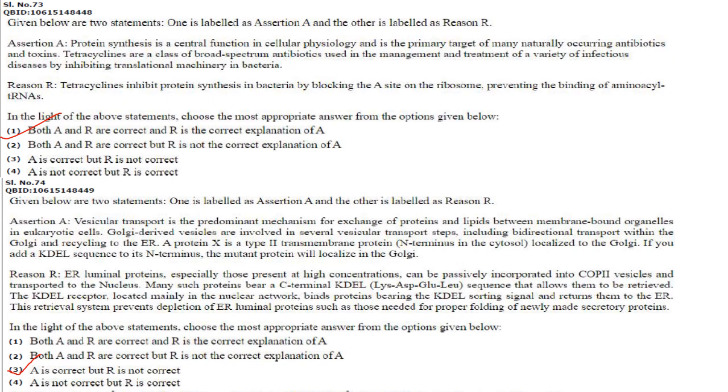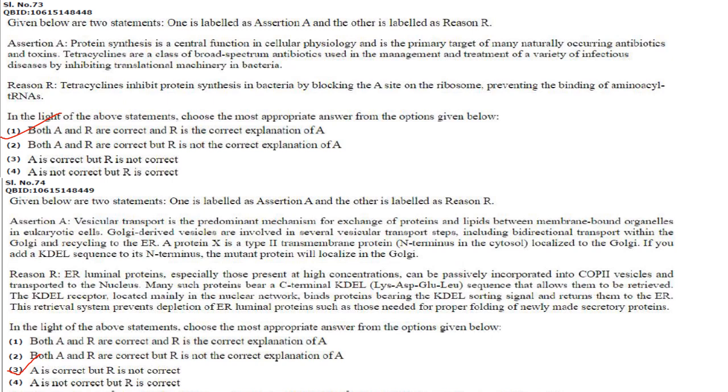Then next one. Protein synthesis is a central function in cellular physiology and is the primary target of many naturally occurring antibiotics. Correct. Tetracyclines are a class of broad-spectrum antibiotics used in the management and treatment of a variety of infectious diseases by inhibiting translational machinery in bacteria.